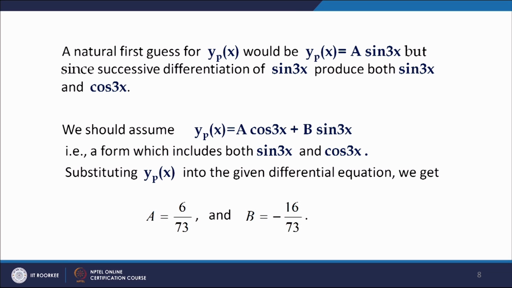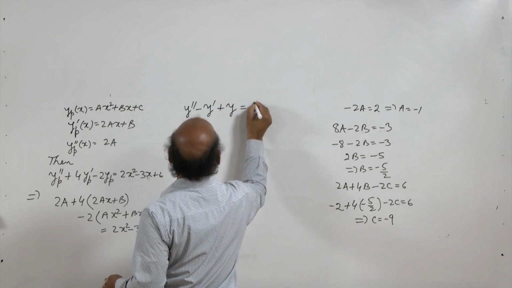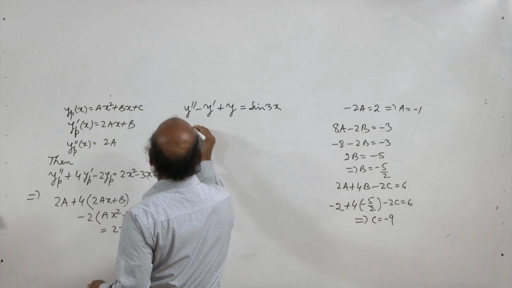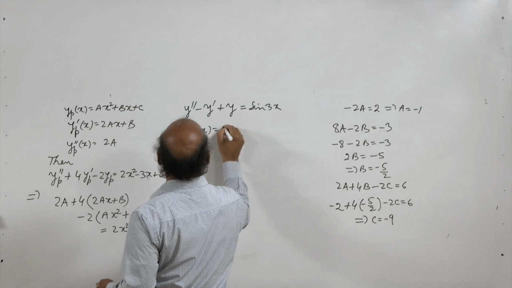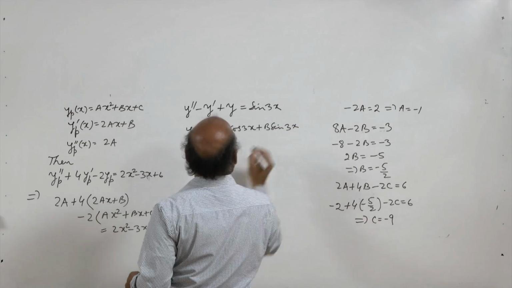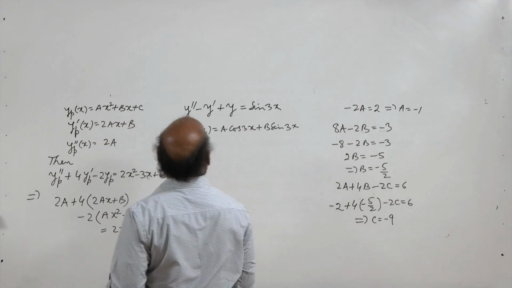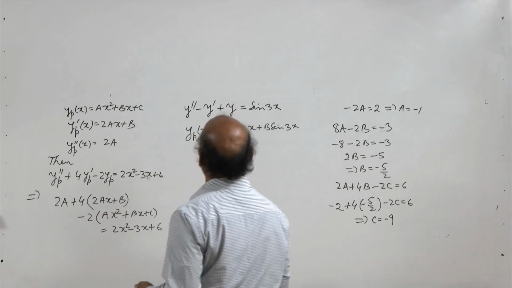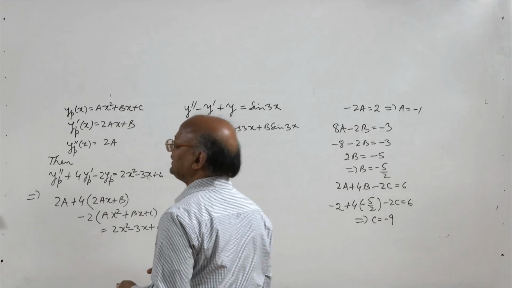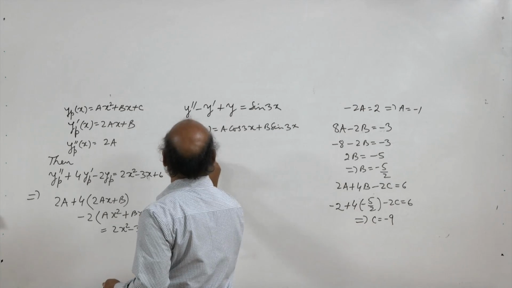Then you substitute this y_p in the given differential equation, y'' − y' + y = sin 3x. If you take y_p(x) = a cos 3x + b sin 3x and put it in the given differential equation, on equating the coefficients of sin 3x and cos 3x both sides, we shall get a to be 6/73 and b to be −16/73. So, we can find y_p'(x) here.